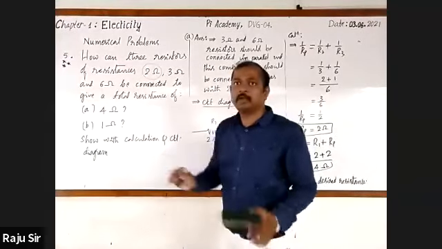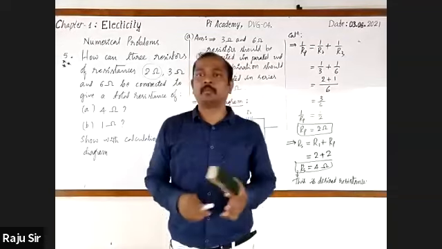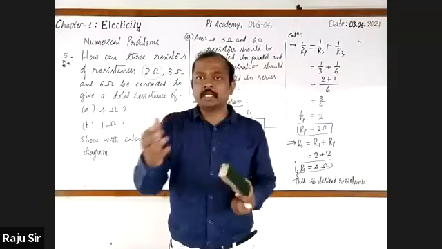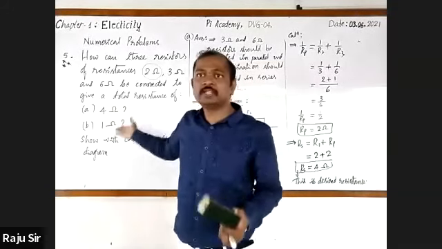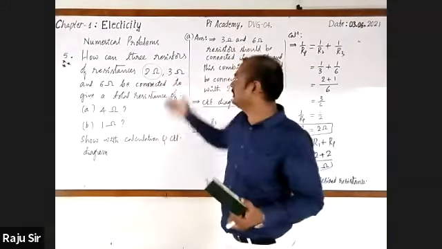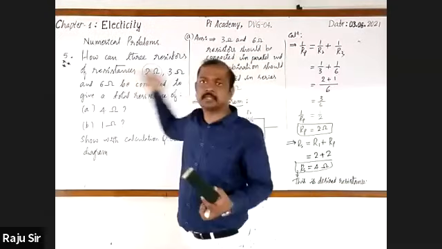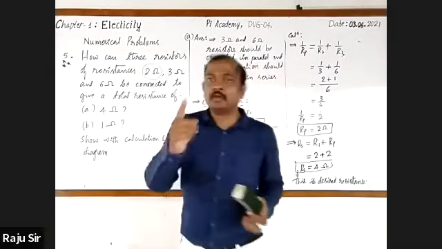Okay. Now, let's go for the second sub question, that is B1. Now we should get only 1 ohm. 1 ohm is the least electric resistance. Obviously, we should go for connecting all the three in parallel connection.